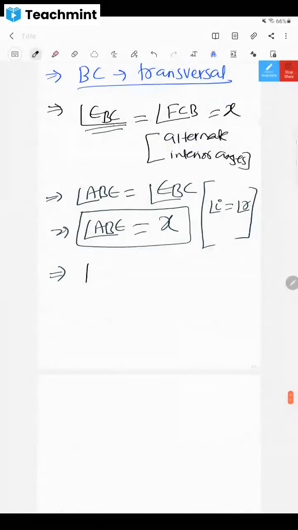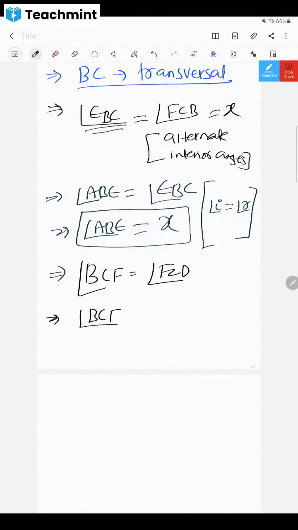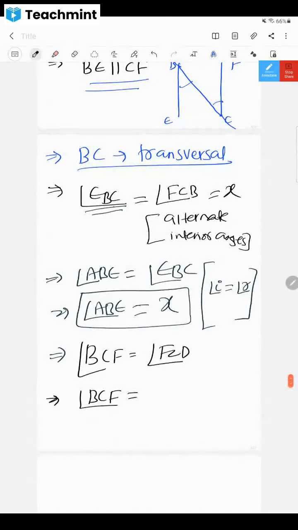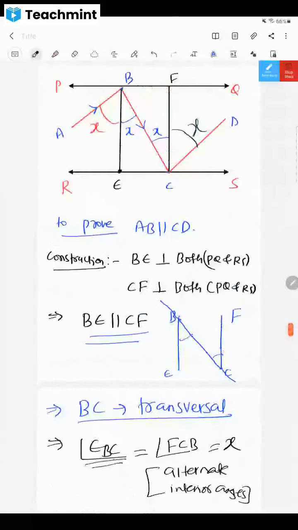So I'll write angle BCF is equal to angle FCD. So what is the value of angle BCF? Angle BCF itself is X. Already I have mentioned it is X, and that is equal to angle FCD. So I can write angle FCD is equal to X. Is it clear? Same reason. Here, no need to give that reason again. Understood, dear children? Angle FCD is equal to X.